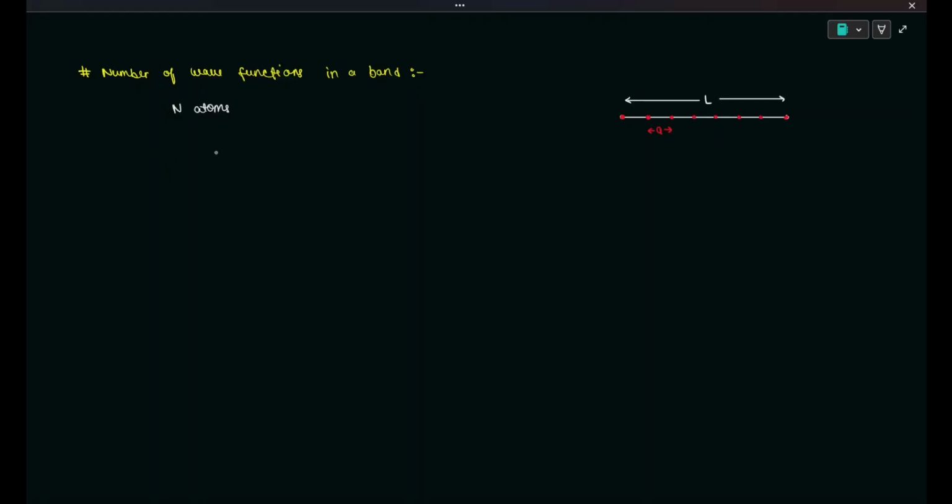From the periodic boundary condition and the Bloch function, we know that the wave function must be a periodic function. This means that psi at x plus L should be equal to psi at x. From the Bloch function, e raised to the power i(x plus L)k, modulated by u_k(x plus L), must be equal to the plane wave e raised to the power i k x times u_k(x).